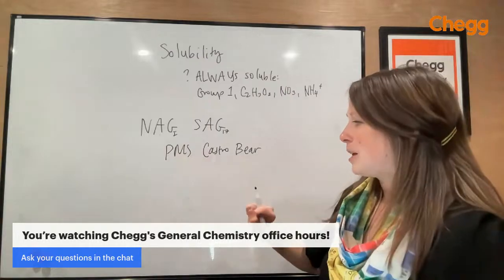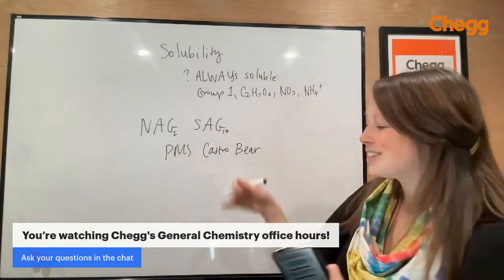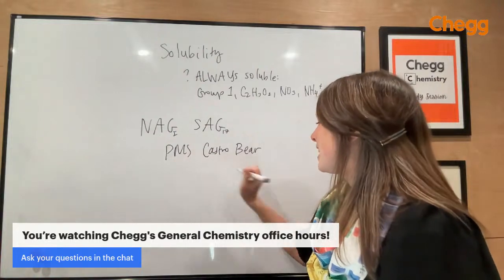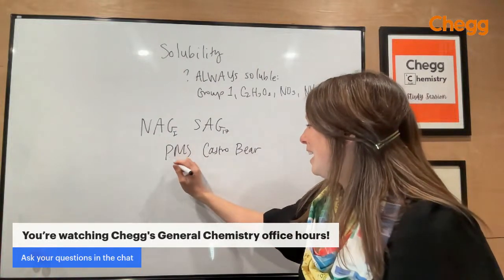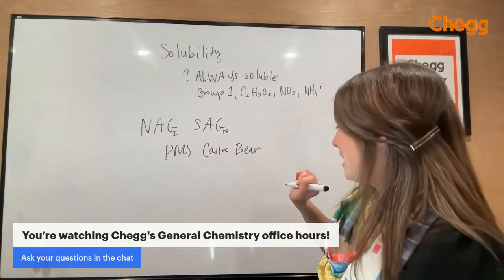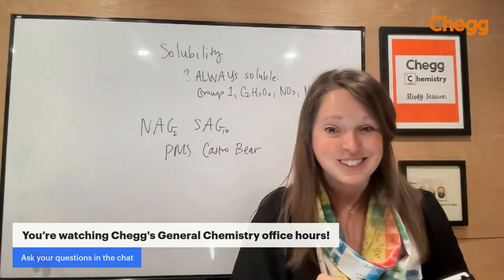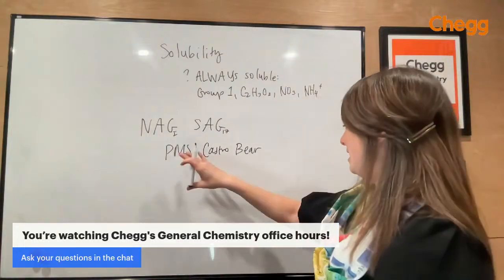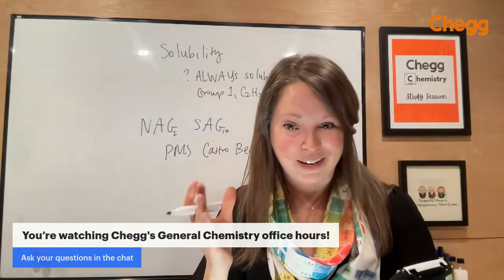And then these are the exceptions. I didn't include group 17 because there are some exceptions. So with that, then we have PMS, Castro, Bear. I am not remembering this mnemonic off the top of my head, so check out Chegg's feed so that you have it. And if you can help me, please just put it in the chat because I cannot remember it in this moment.